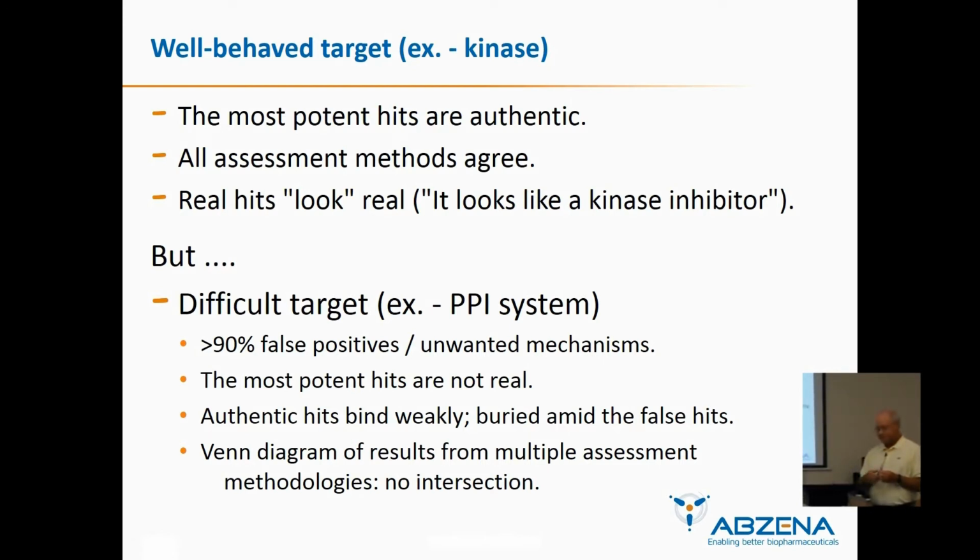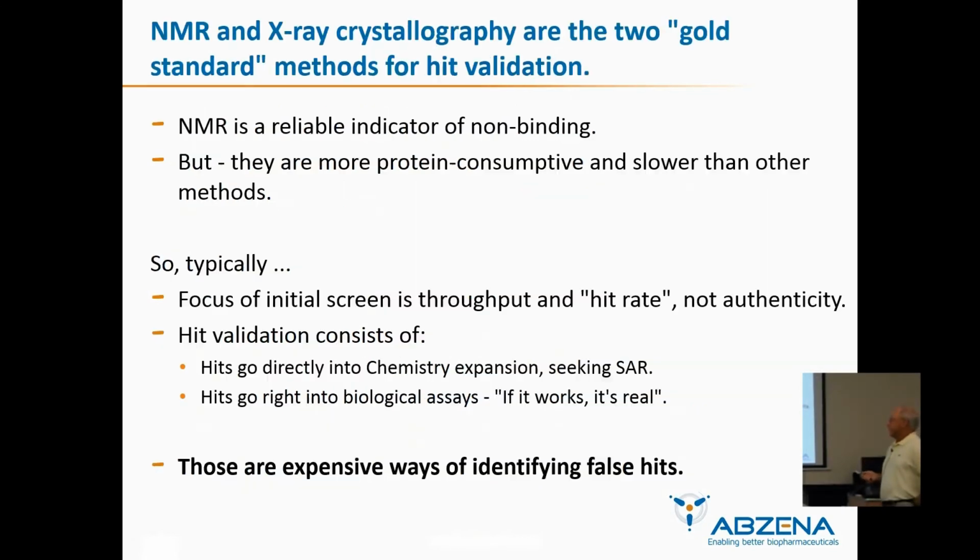So what we have found is that NMR and X-ray crystallography are the gold standard methods for hit validation. Especially with X-ray, obviously, if you can see your compound bound to a protein, it's got to be real. NMR is the same thing in solution, and you have your NMR spectrum. You can see the protein, you can see the compound.